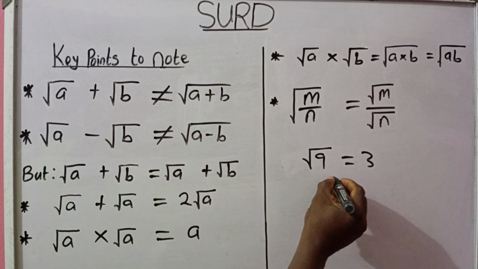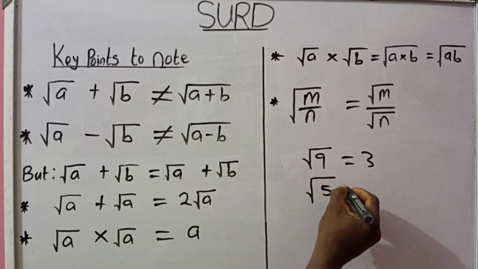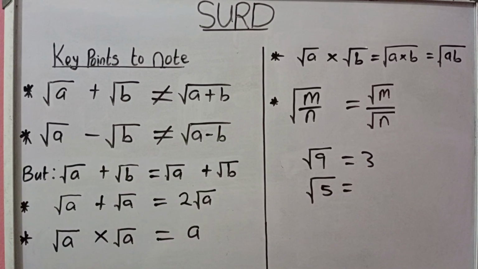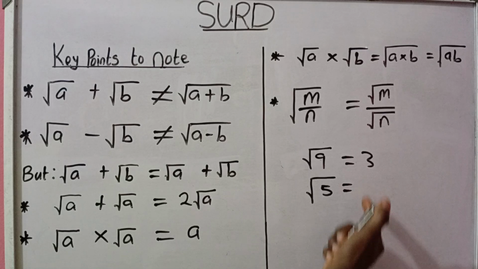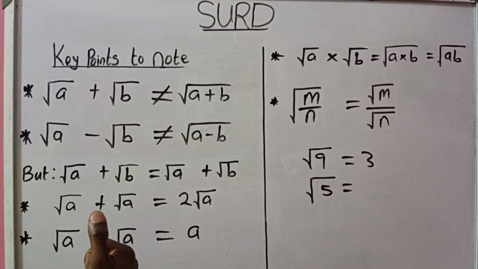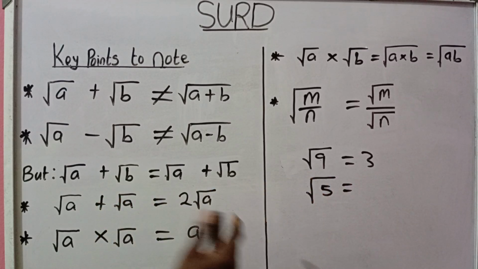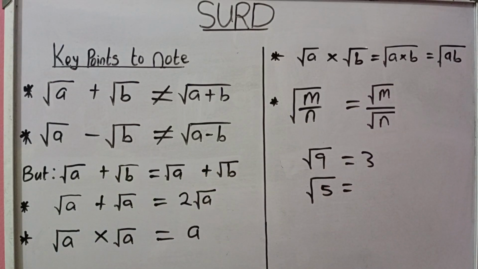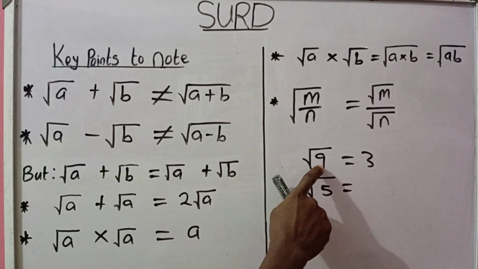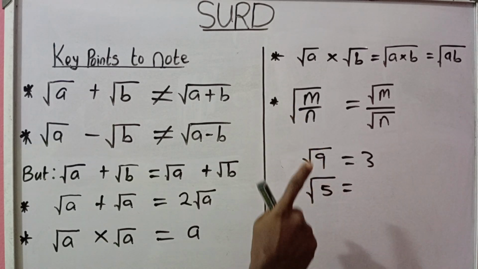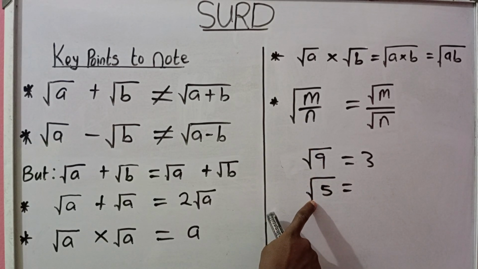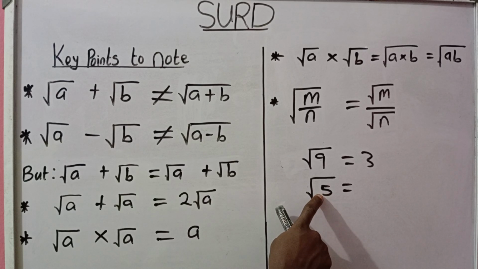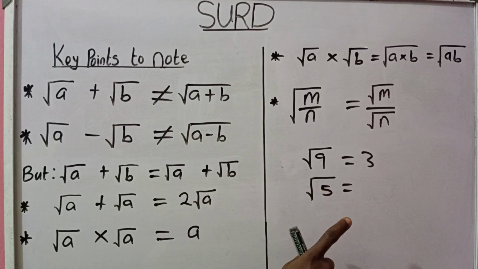But when you have something like root 5, what do you think we are going to have as an answer? Of course, we are not going to have a whole number as an answer. When you punch this in your calculator, you are going to have endless digits. So in this context, root 9 is not a surd, but root 5 is a surd, because we can't determine this exactly. I hope this is quite clear.